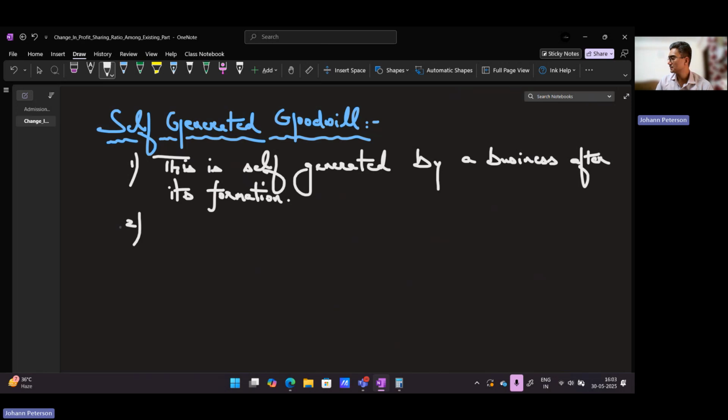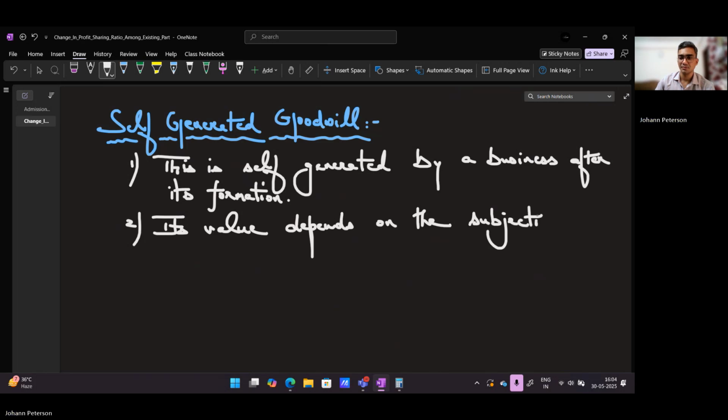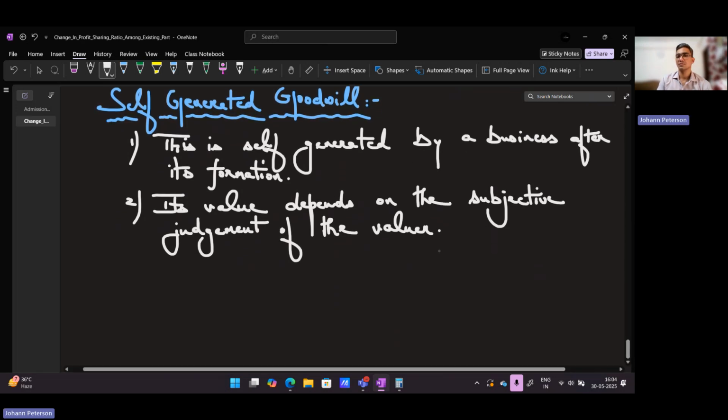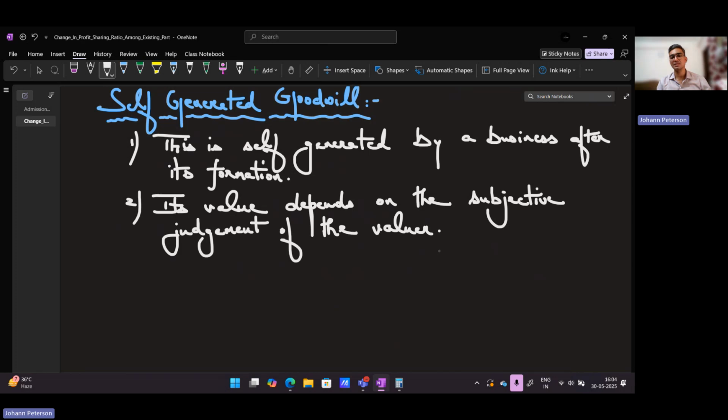Another one, its value depends on the subjective judgment of the valuer. So this kind of goodwill depends on the judgment of the valuer. Whoever is judging this, let's say they make a new company XYZ, and they say the goodwill is worth 50,000. So this judgment is based on the value that they have given.